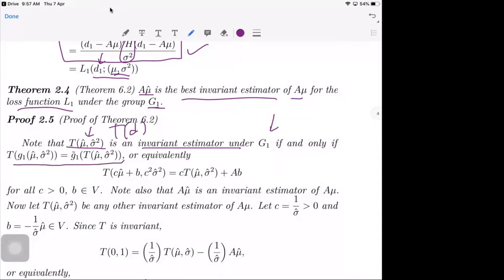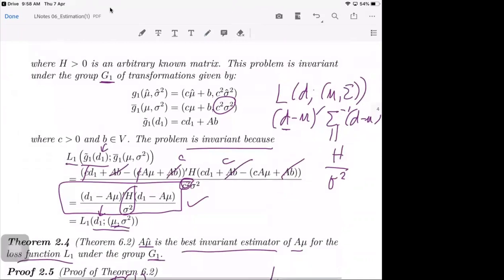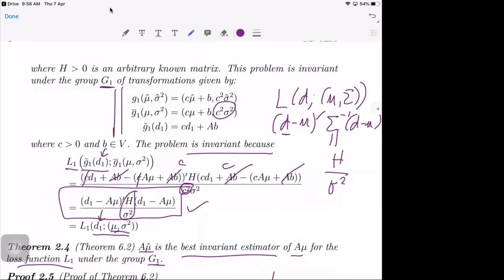So its transformation is to add B to the first component. So T at G1 at mu hat sigma hat, if you can show that it is equal to G1 tilde at T at mu hat sigma hat. Or equivalently, if you can show that T at this transformation, since this is the group of transformation you are considering, this one.